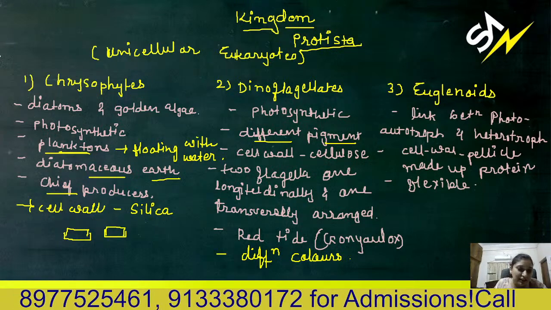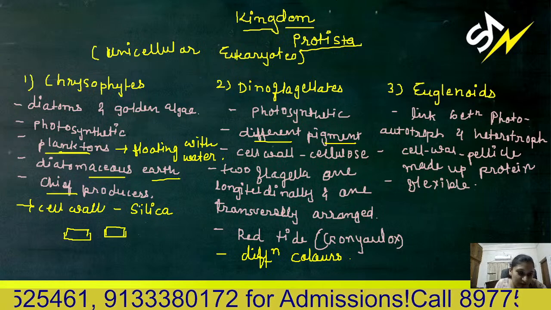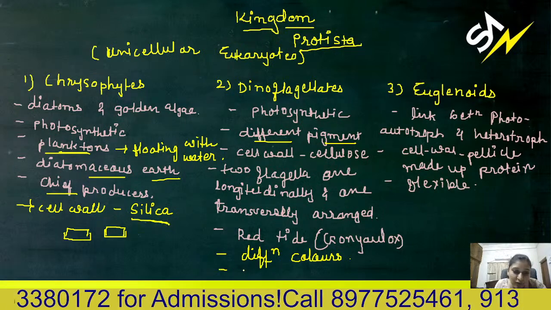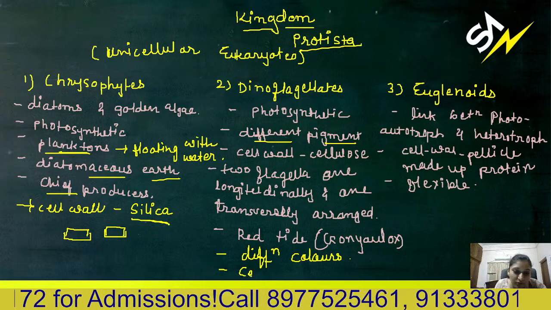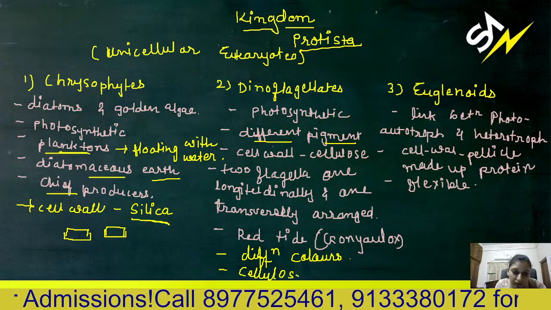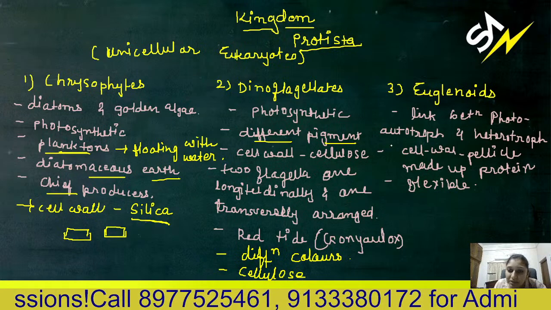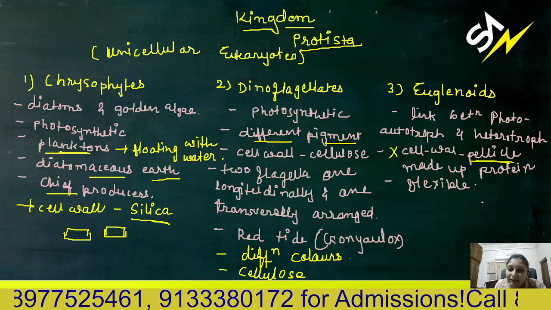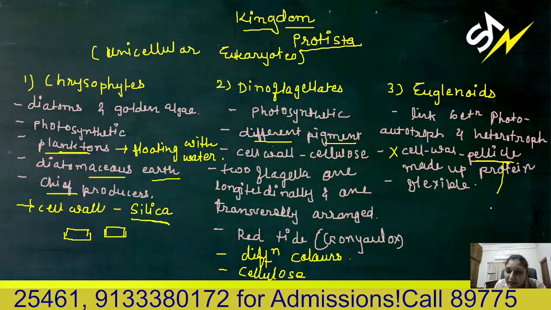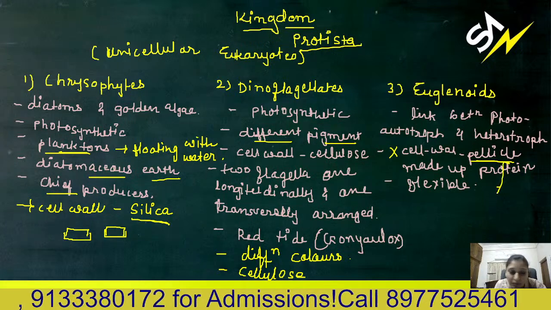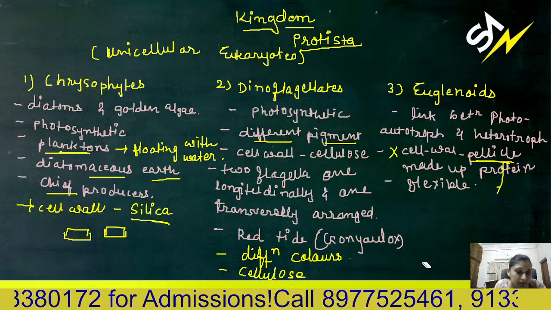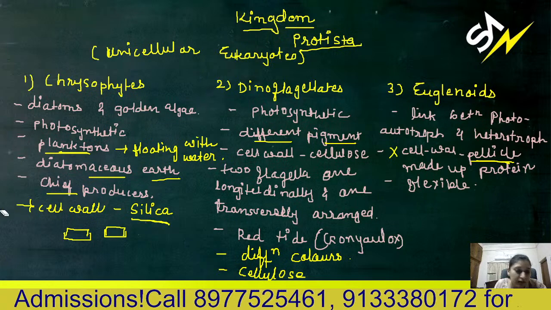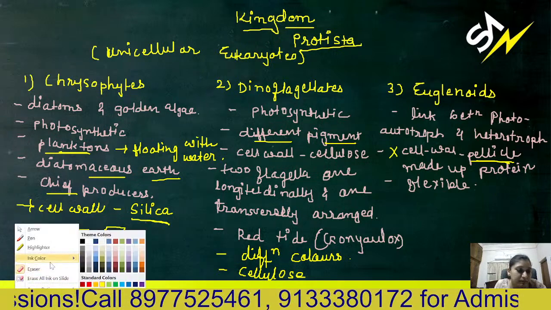See, till this point we have discussed that the cell wall contains silica. In the earlier case the cell wall is made up of stiff cellulose. But here the cell wall is absent. Instead of a cell wall, they have a pellicle layer, which is made up of protein.